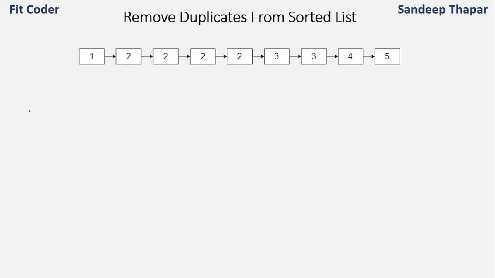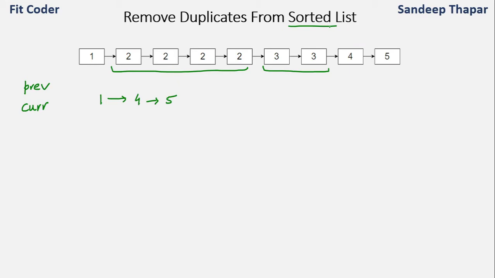Most linked list questions can be solved by keeping 2 pointers. So we can keep 2 pointers, previous and current. If we have a look at the output of this problem, the output here will be 1, 4 and 5, because these nodes are duplicate, so we will remove them. One thing to note here is that the list is sorted.